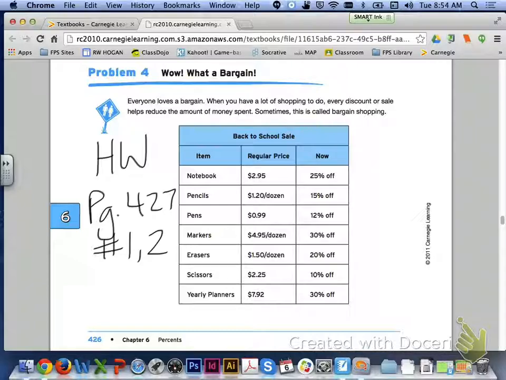So here you can see the table at the bottom of the page for the back to school sale with all of the items, the regular price, and the percentage off of those prices as well. I am going to have you do number 1 and number 2 on page 427 for homework. So refer back to this table, and this is something that we will discuss then tomorrow.